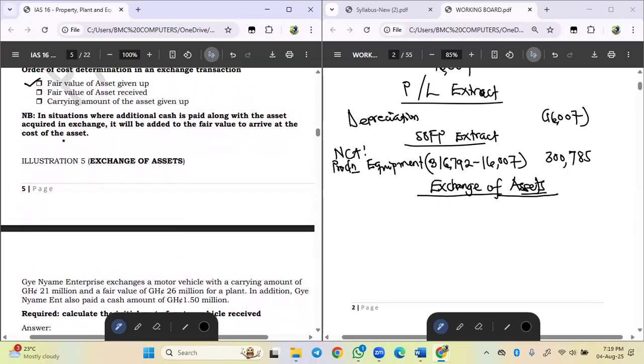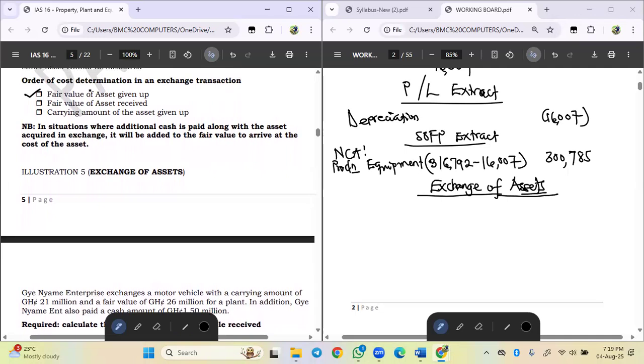So first of all, we are saying that the order should be the fair value of the asset given up. If you cannot determine that one reliably, you use the fair value of the asset received. If that one too cannot be determined reliably, then you use the carrying amount of the asset given up. That's the last thing you do, because that one can be determined.